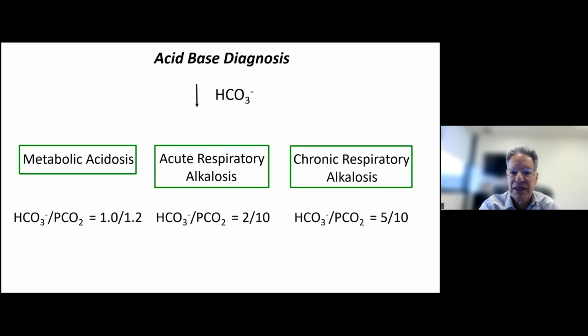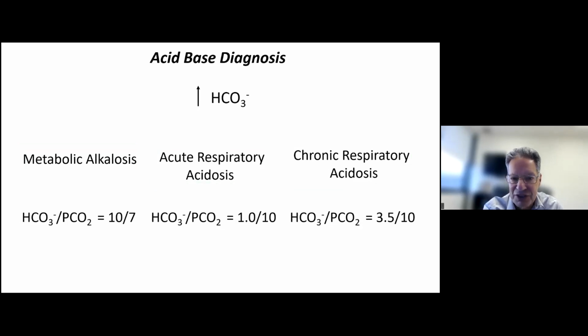So again, if they're not mixed, saying the same thing, they're not complex, that means that the change in the bicarbonate compared to the change in the PCO2 must follow one of these rules. If they follow one of these rules, by definition, it's not mixed. So even if you don't know what they are, if you see the change in the bicarb to the change in the PCO2 of roughly 1:1 or 2:10, or in chronic respiratory alkalosis, roughly 2:1 or 5:10, then if the bicarbonate's down, it's one of these three things and it's not mixed.